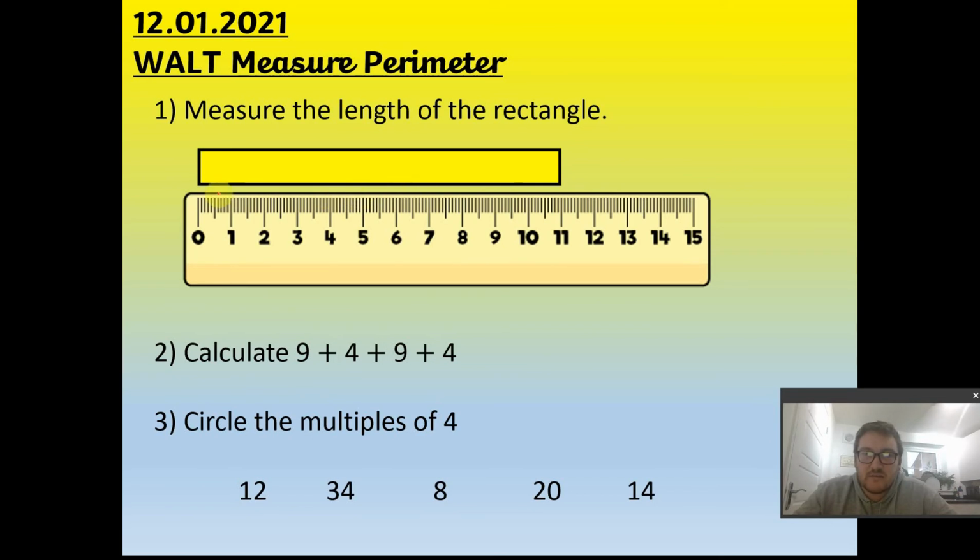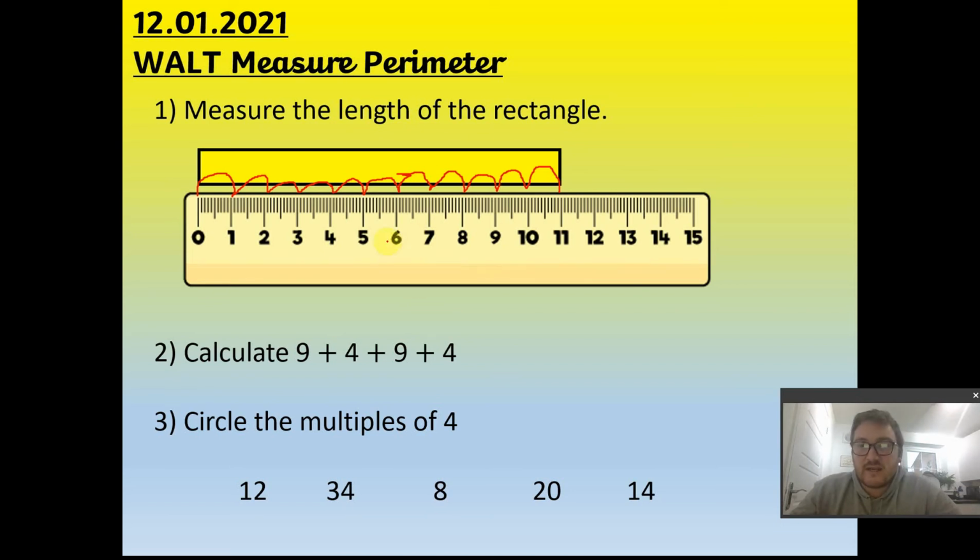Just take your time and actually count each jump. 1, 2, 3, 4, 5, 6, 7, 8, 9, 10, 11. So the length of this rectangle is 11 centimeters.